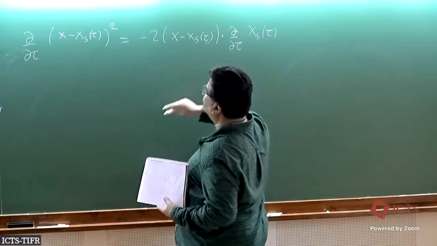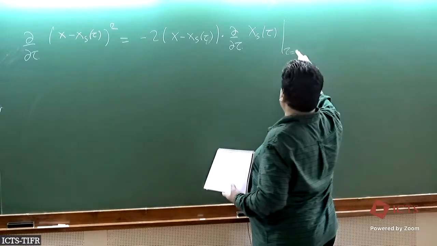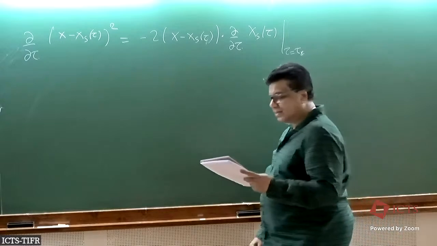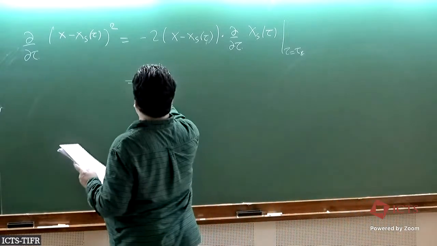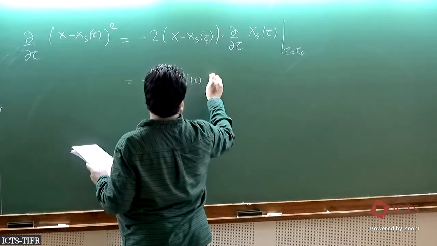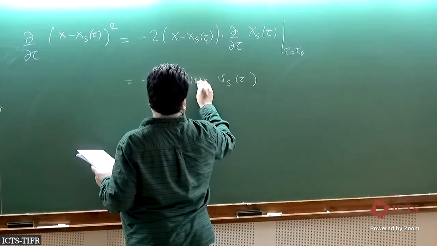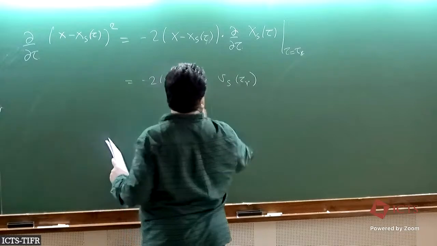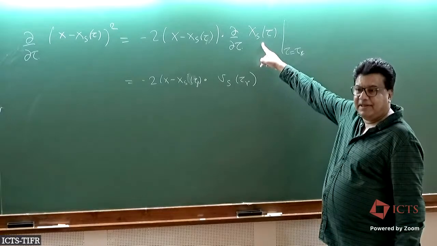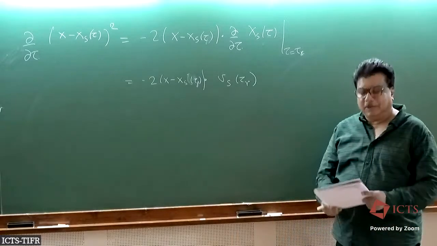And that minus comes from this minus sign. And this is evaluated at tau equal to tau_r. Okay, and this is just the velocity, and I'll write it as now tau_r. So this is just the 4-velocity, and this is the 4-dot, right?